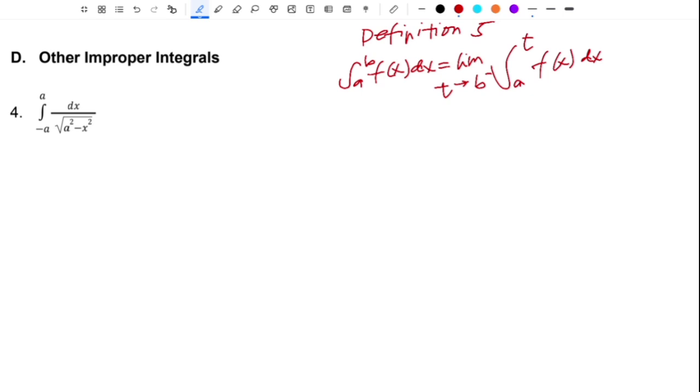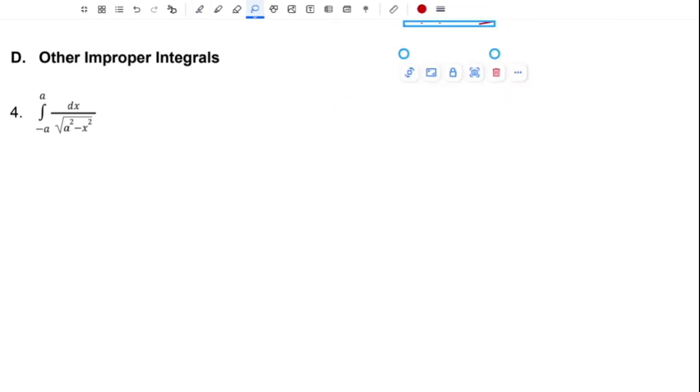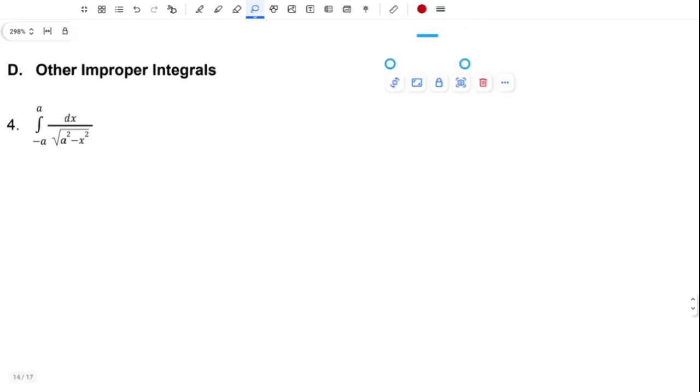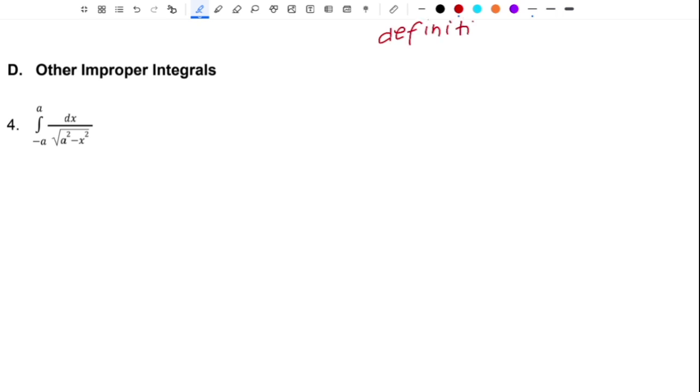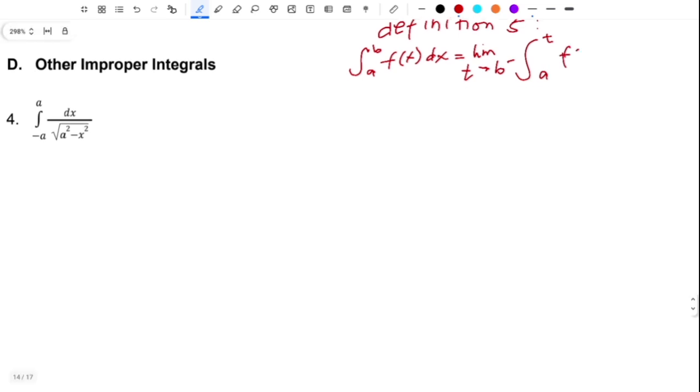Let me rewrite it again in a proper way. Now let us try to use this definition in our problem here.